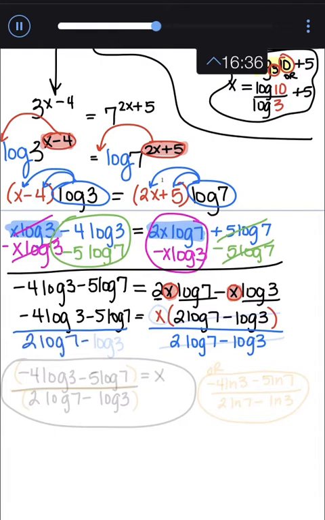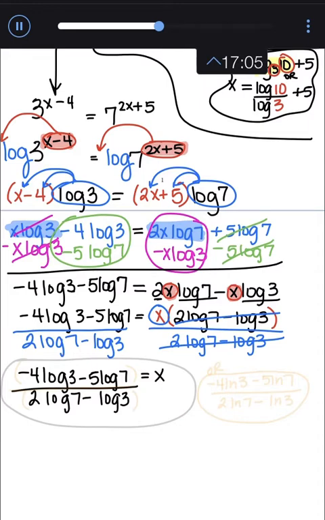And that will get rid of that whole awful piece in one fell swoop and just leave you with the x. So what this gives me is that my x equals negative 4 log 3 minus 5 log 7 all over 2 log 7 minus log 3.